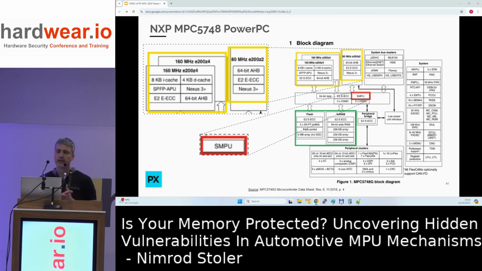We kept further investigating, and we soon found that the NXP SMPU also contains the functionality of all the CMPUs that were supposed to be inside each of the cores.